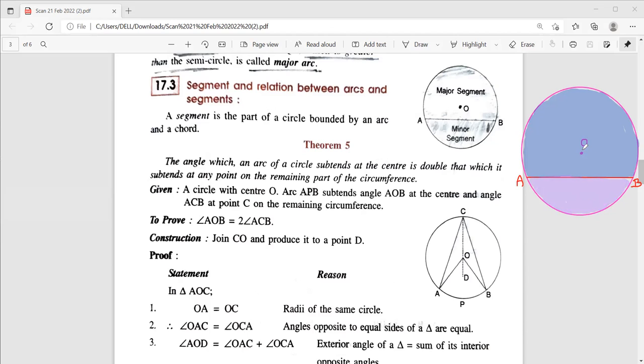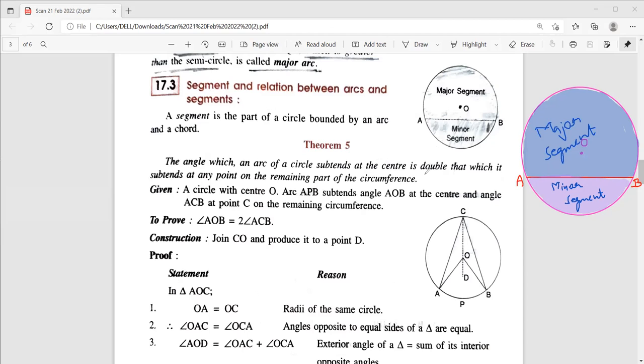Remember, students, the segment of the circle which is associated with the major arc, we will call it as major segment. And the one which is associated with the minor arc, we will call it as minor segment. I hope you followed it.